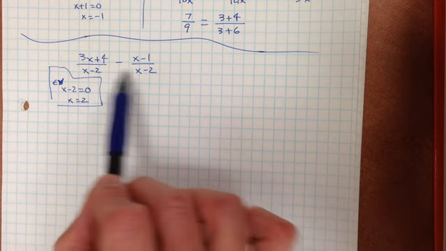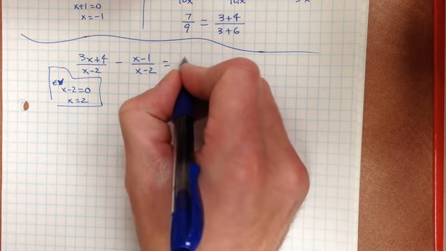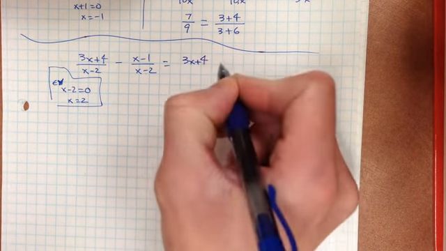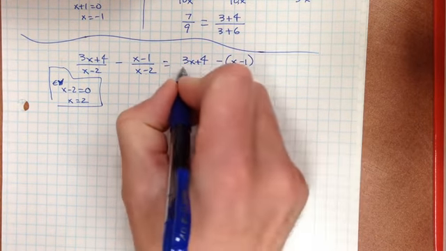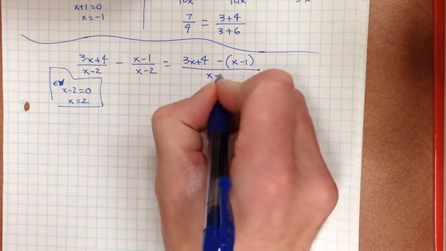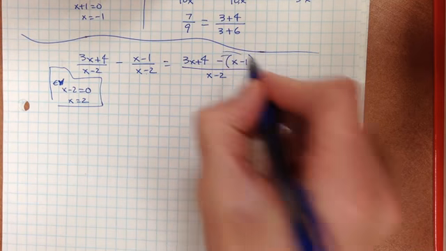Well, we have common denominators here, so now you are allowed to add or subtract your numerators. 3x plus 4 minus the entire x minus 1, all over a common denominator of x minus 2. Don't forget to distribute that negative to everything that is left up there.